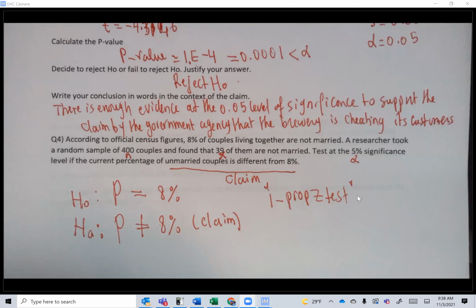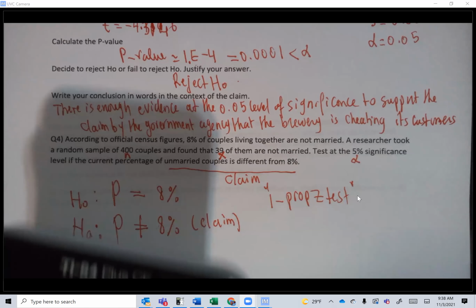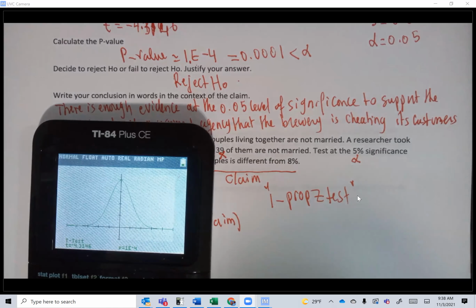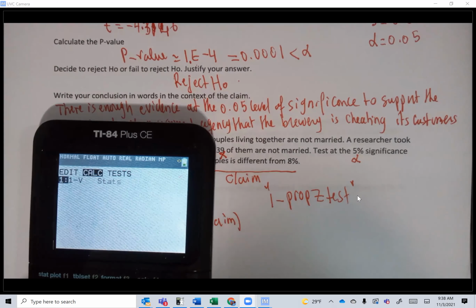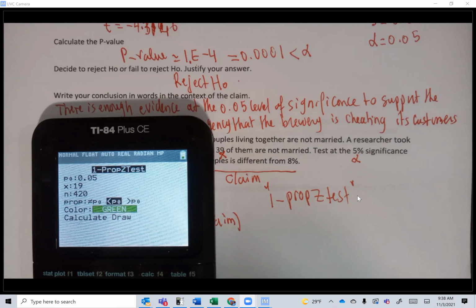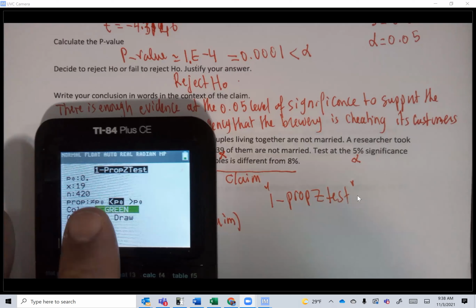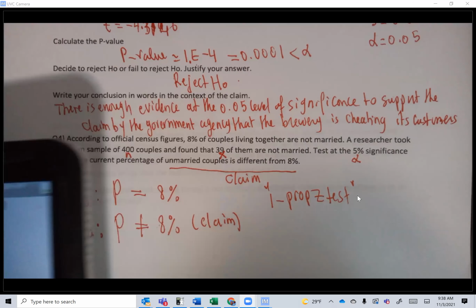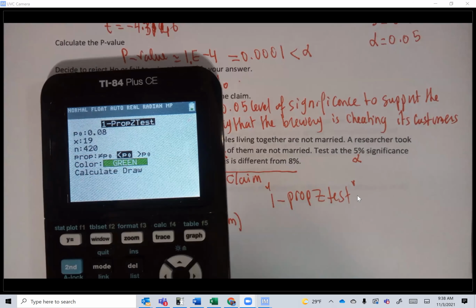Okay. Let's do it. Stat, Tests. Okay, 0.80. Don't put the percent, you have to change it to a decimal.